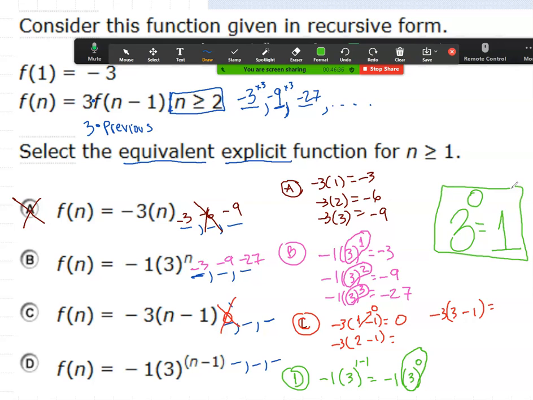This is something that students tend to forget, but it's a very basic skill here in math. Any number to the power of 0 is 1. Like 1,000 raised to the power of 0, that is 1. So this becomes negative 1 times 1, that would be negative 1. So right here would be negative 1. And you could see that it's not going to be D.